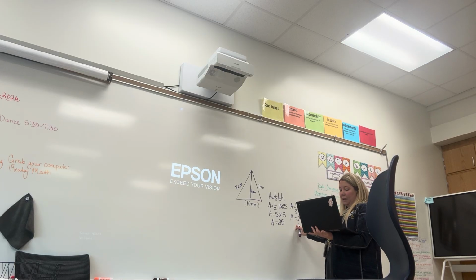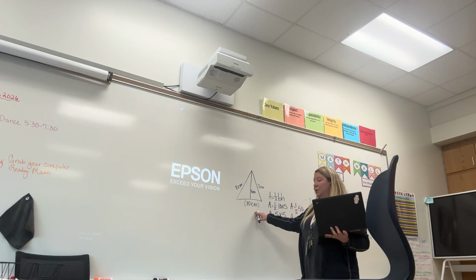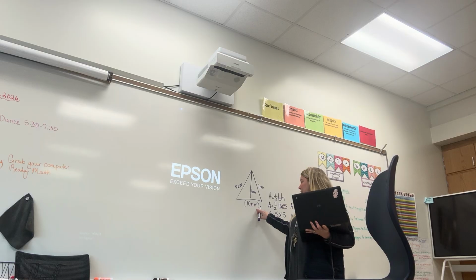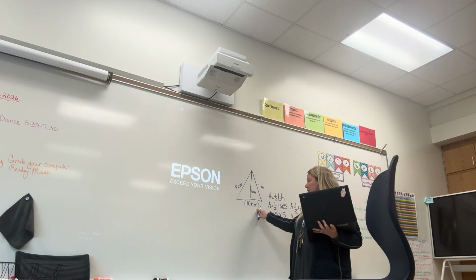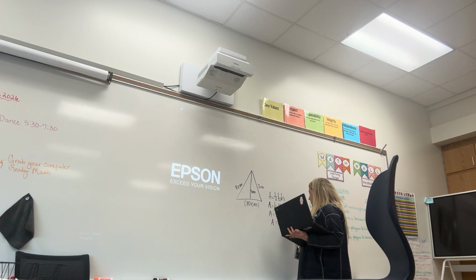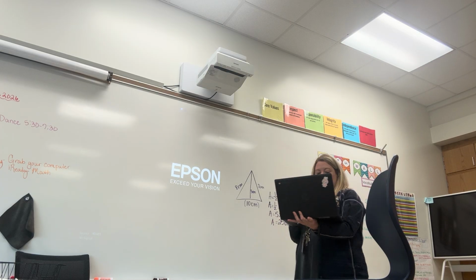So you could multiply first or do 1/2 first. And the biggest thing that we need to make sure we're doing is labeling our answers. Is area just centimeters? No, area is squared. So centimeters squared.